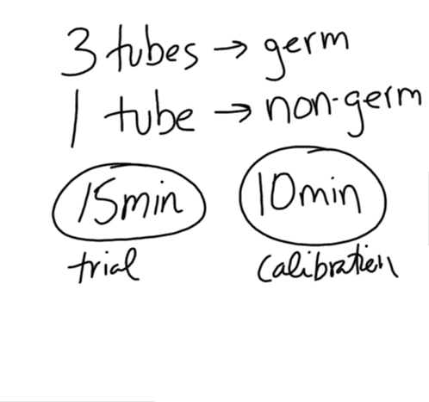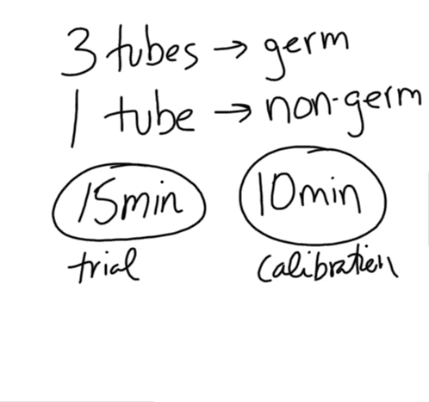Your calibration is going to be 10 minutes. All right. Now, obviously, if we were to do the math and knowing that I don't have that many interfaces, this lab is actually going to be split up into a couple days. So some groups may do this lab on the first day, and other groups may do this lab on the second day, just to make sure that everybody gets it done and that we have enough interfaces to do this.